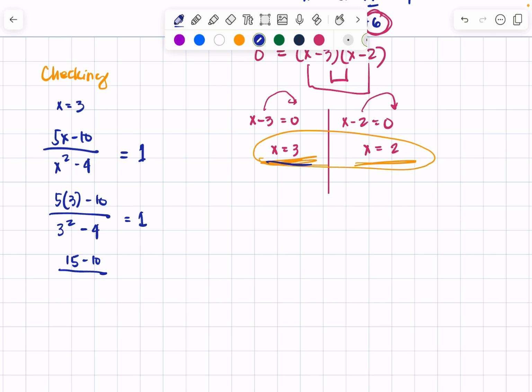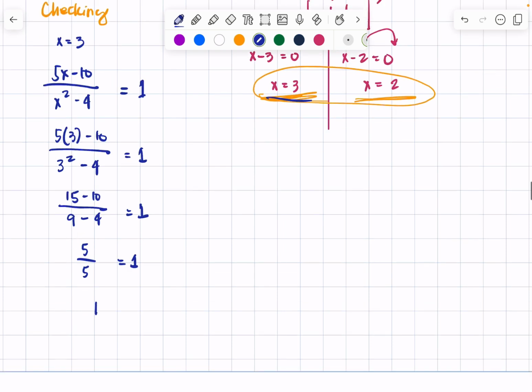Then 3 squared is 9 minus 4 is equal to 1. 15 minus 10, that is 5. That's correct. 9 minus 4, that's 5, is equal to 1. So you will have 1 is equal to 1. So we can say x is equal to 3 satisfied your given original equation. So x is equal to 3 is not an extraneous solution.